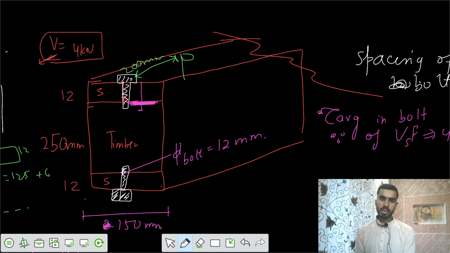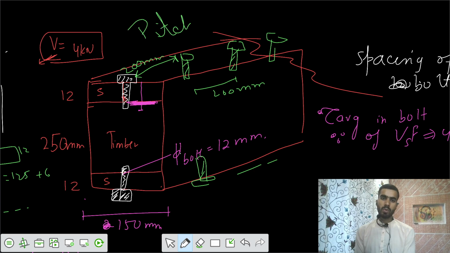Similarly, after that, one more 200 millimeter, there is one more bolt. Similarly, it goes on and on, and from the bottom side also. So the spacing between those two bolts is 200 mm, which we call the pitch of the bolt.